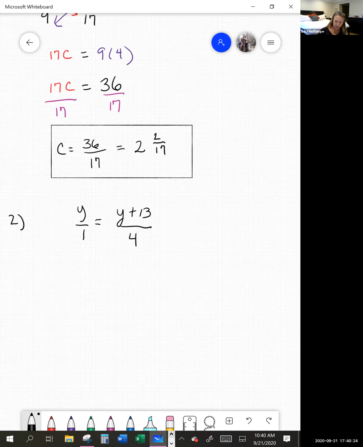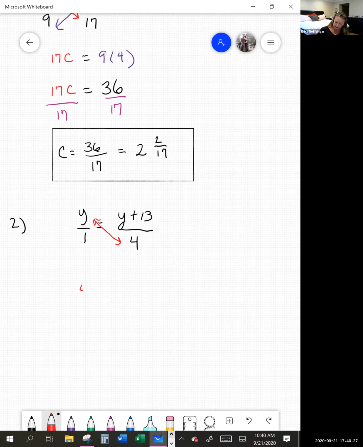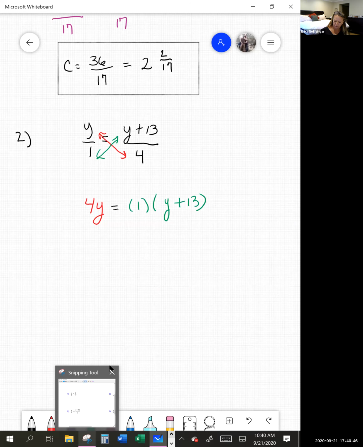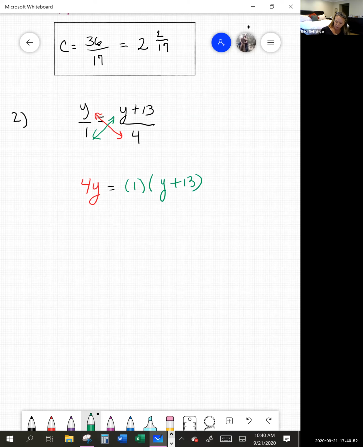Y times 4, 4 times y is 4y, is equal to this 1 times y plus 13. So we get 4y is equal to y plus 13.